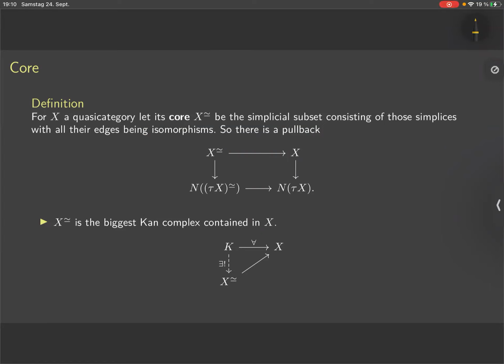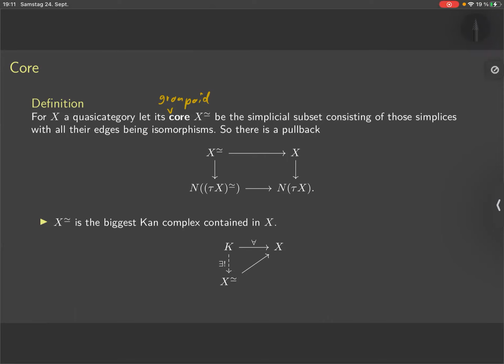So when we have a quasi-category X, the core, or groupoid core, X core, should be the simplicial subset consisting of those simplices such that all the edges are isomorphisms. Equivalently, we can say that this should be a pullback. So what are we doing here?